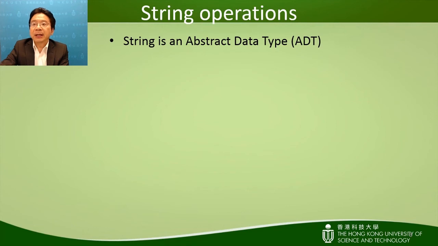We know what a string is supposed to represent, that is, a sequence of characters, and the methods that can be used for operating on strings, but we don't really need to know how strings are represented internally in a computer.